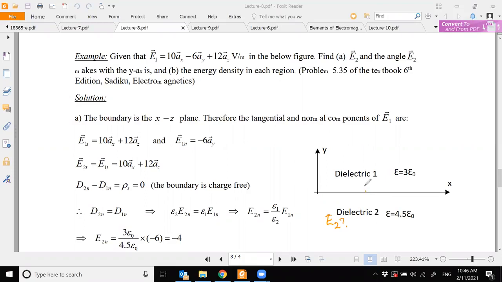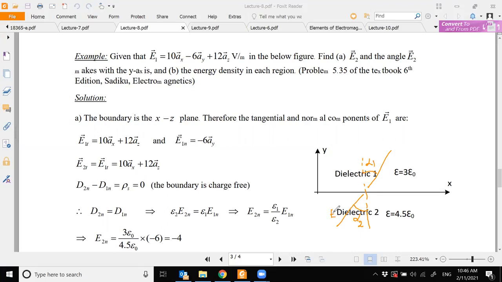The y-axis is the normal to the boundary. So if this is your E2, and this is the angle that it makes, and if this is your E1, this is the angle that it makes.